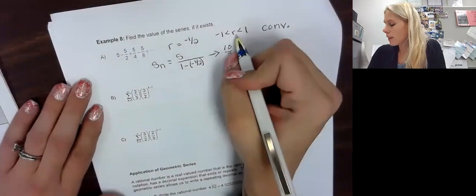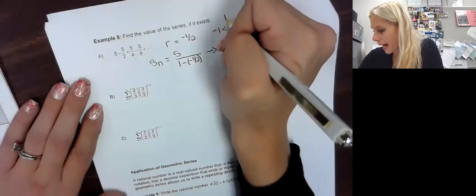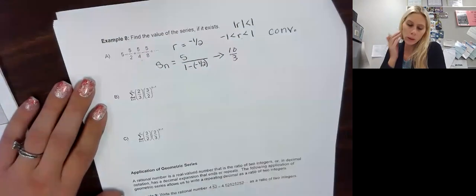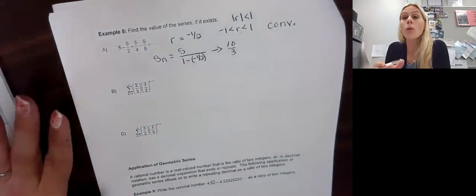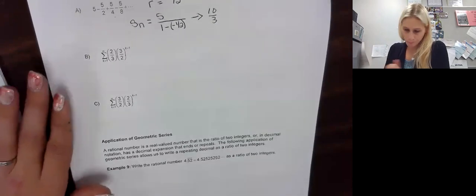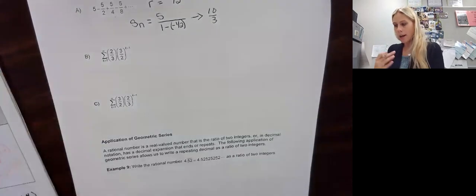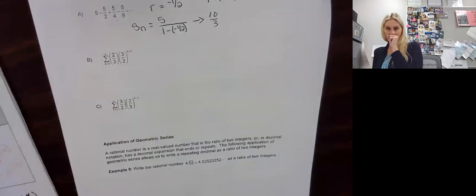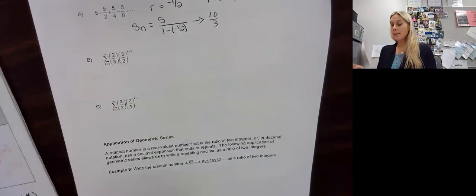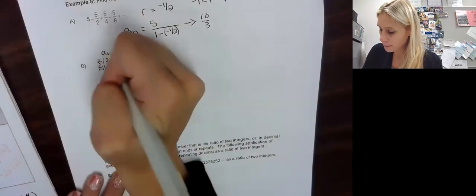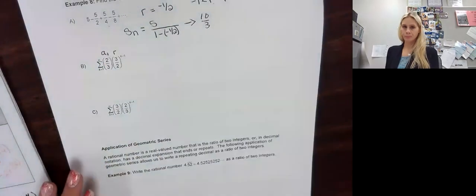The other thing you can think about is the absolute value of r is less than 1. So whichever one you want to memorize. I'm skipping on my words a little today, aren't I? All right, B. Well, I know it's infinite because of the infinity sign. What you need to keep in mind is that when we do a geometric, we have a subscript 1 times r.